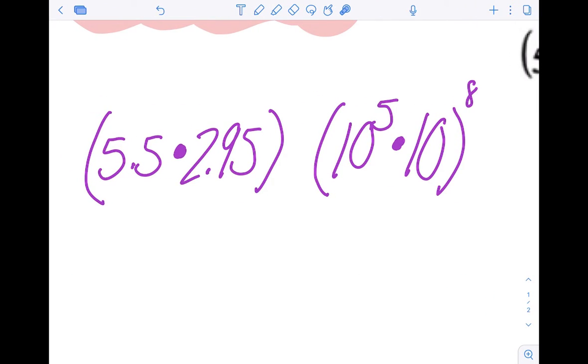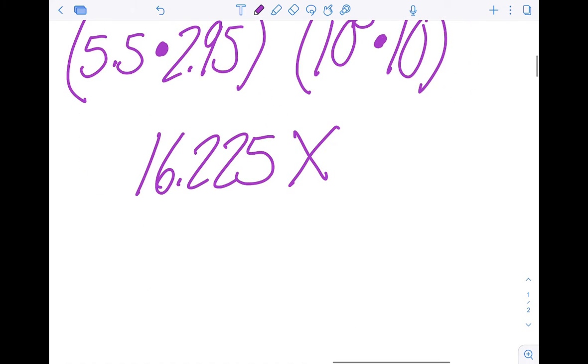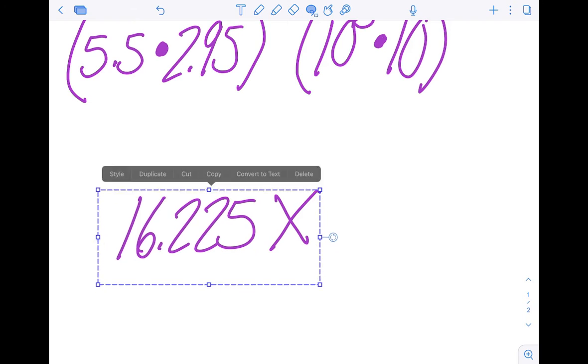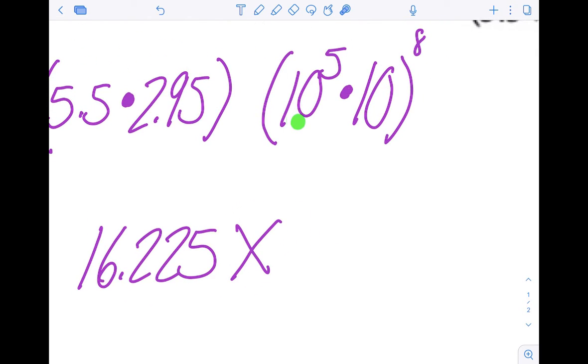All right. 16.225 times, I'm going to write this in scientific notation form, right? So I'm going to put it over here. If I have my same bases, I have 10 and 10, and I'm multiplying, I add my 5 and my 8. That 8 should have been on the inside, by the way. That was an accident. So it's 10 to the 13th power.